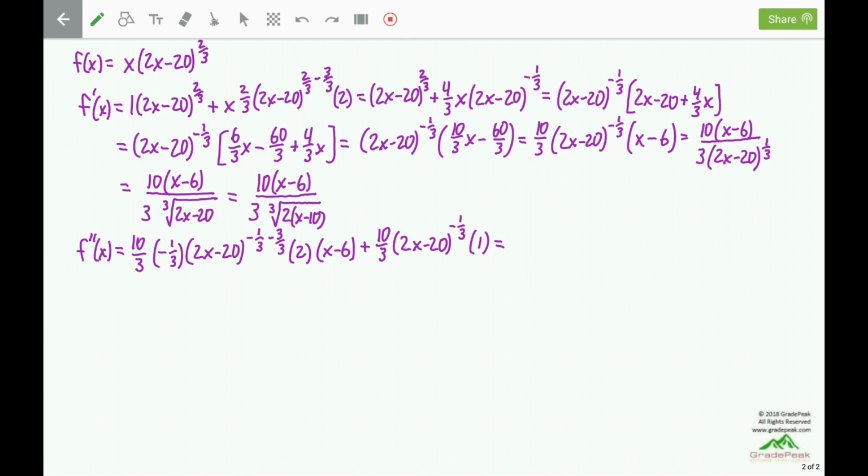For the first term, we can bring all the constants together. There's a 10/3, a negative 1/3, and a 2. Multiplying all the numerators, 10 times negative 1 is negative 10, times the 2 is negative 20. Over multiplying the denominators, 3 times 3 is a 9. So negative 20 over 9. There is an x minus 6.